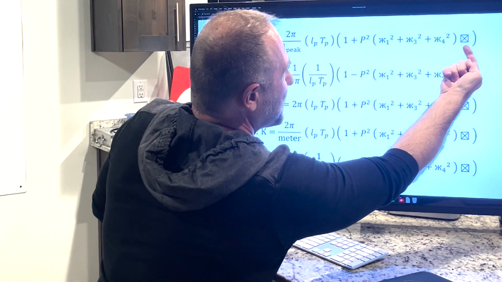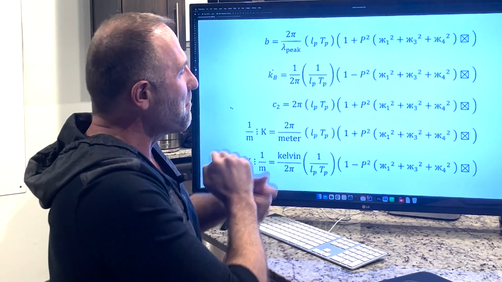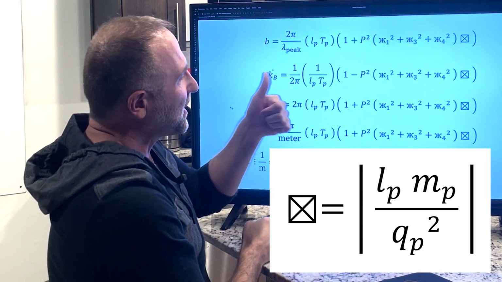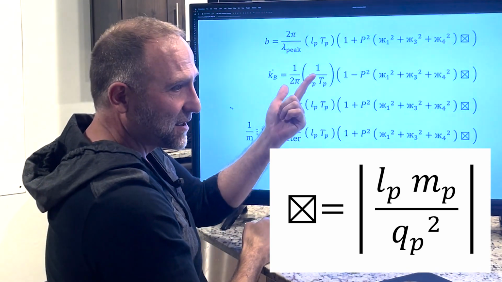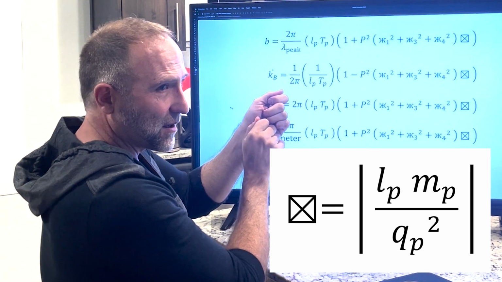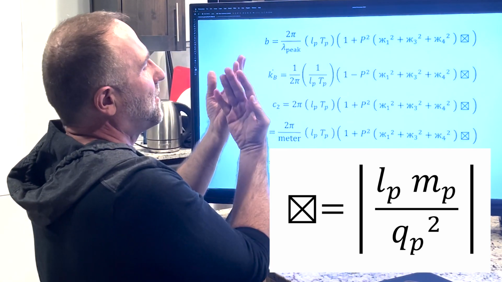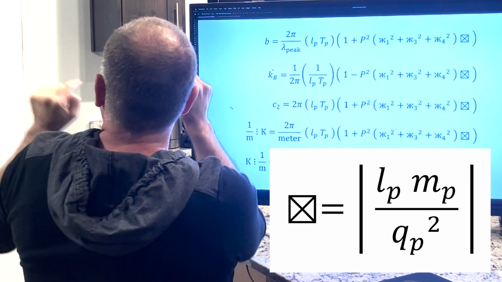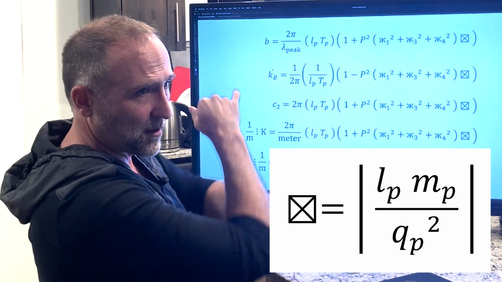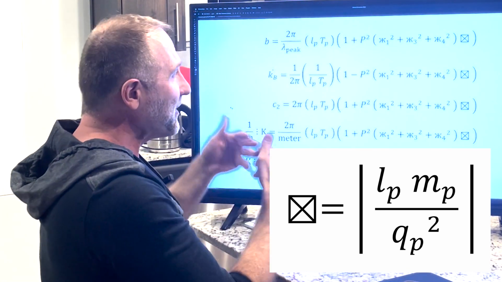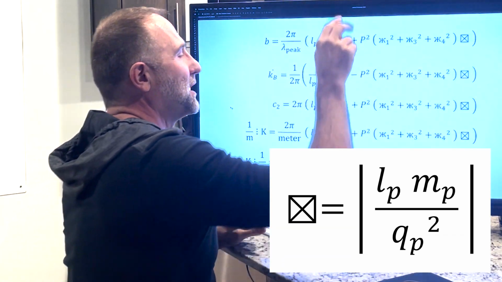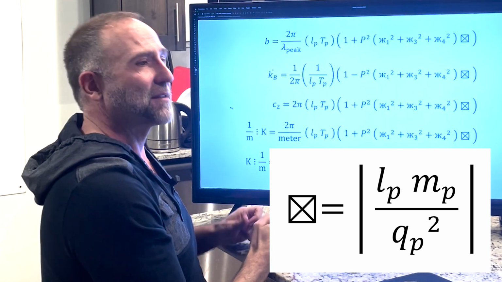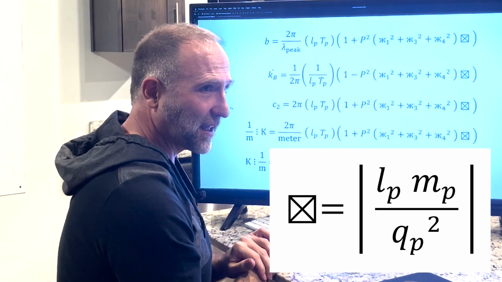Then this symbol here represents the magnitude of the Planck length times the Planck mass divided by the Planck charge squared. It's a central scaling factor that represents the actual picture of our conic cone-on-cone picture. That's the inversion boundary. Those 4 boundaries connect to make that structure exactly like that.